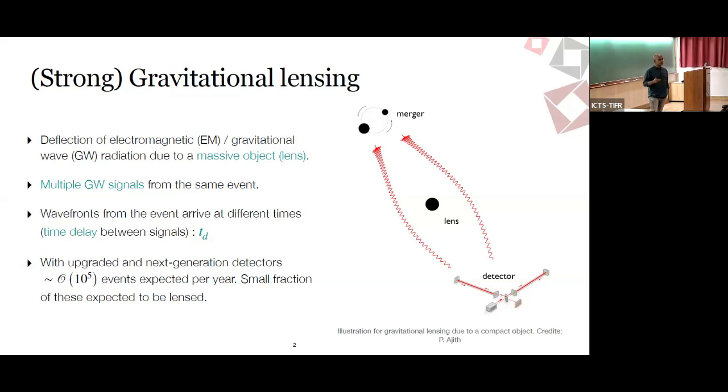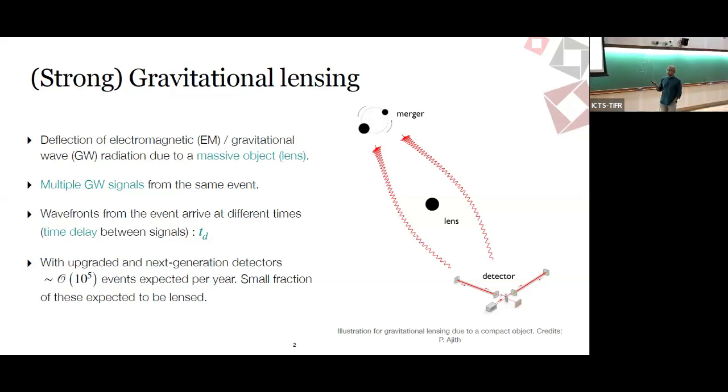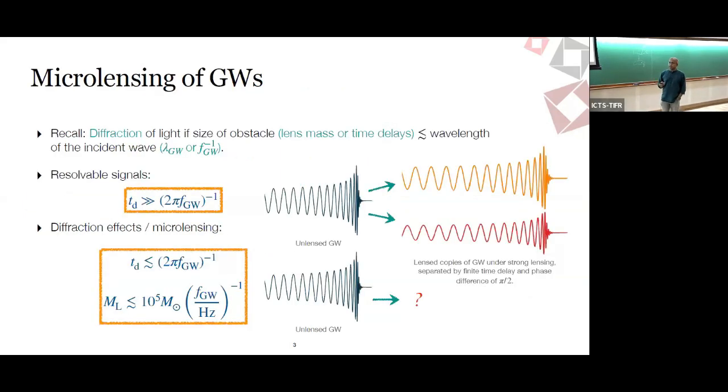And of these 100,000 events, a small fraction of them are expected to be lensed. So that would be, let's say, around hundreds of such events. So these events will allow us to probe the space-time near the lens object. And this is where the microlensing, or the lensing of gravitational waves, is important.